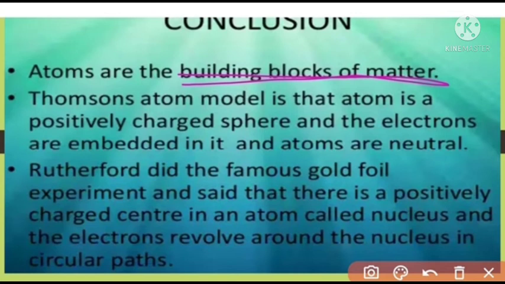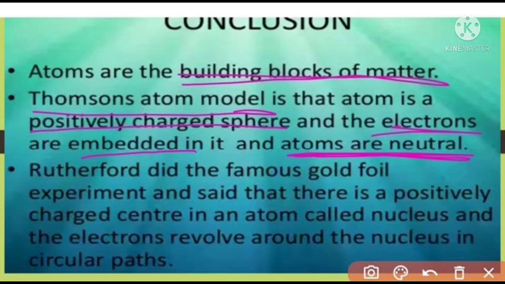First we discuss the Thomson atomic model: the atom is a positively charged sphere and the electrons are embedded in it. His atom model resembles a watermelon or guava fruit. The atom is electrically neutral.